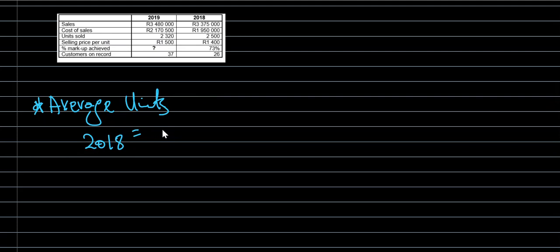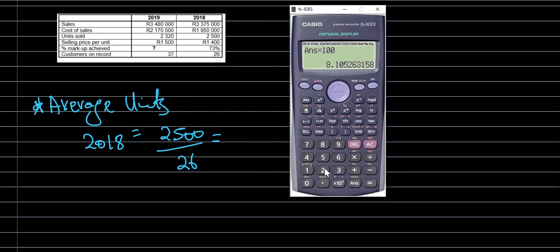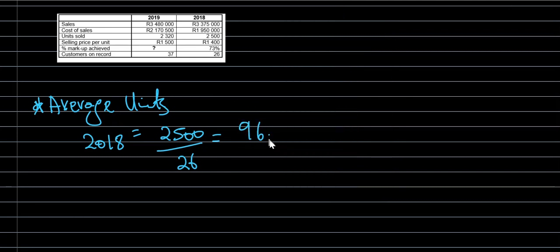In 2018, we have 2,500 units. We have to divide it by the number of customers in that year, 26. So 2,500 divided by 26, right? We have 96.